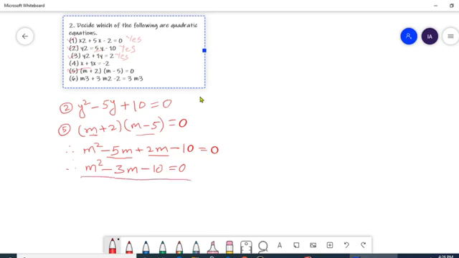And this can be considered as ax square plus bx plus c equals 0, where a is 1. So this equation number 5 is in proper standard form, where the highest degree is 2 and the equation has only one variable, that is m, and the values of a, b, c are 1, -3 and -10 respectively.